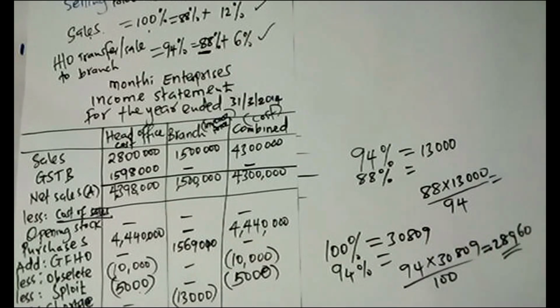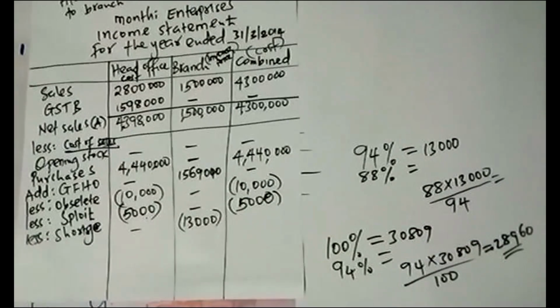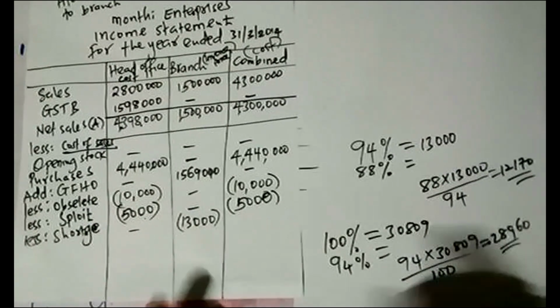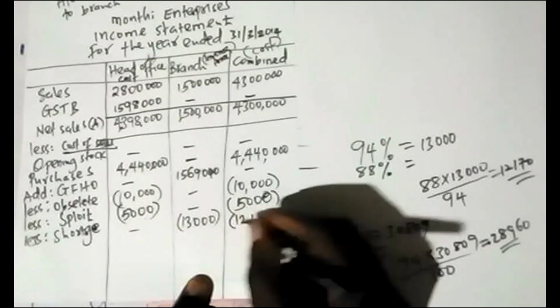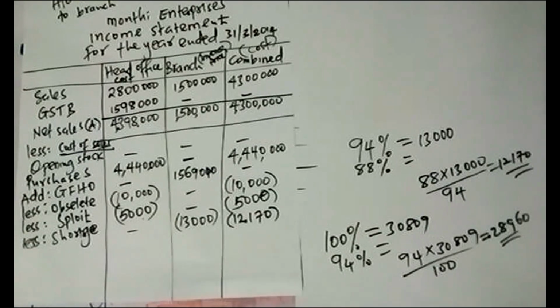That is how I will get the cost to record under the final column of the head office. If I use my calculator, it will be 12,170. So that is how we have converted those goods which were at invoice price to cost.